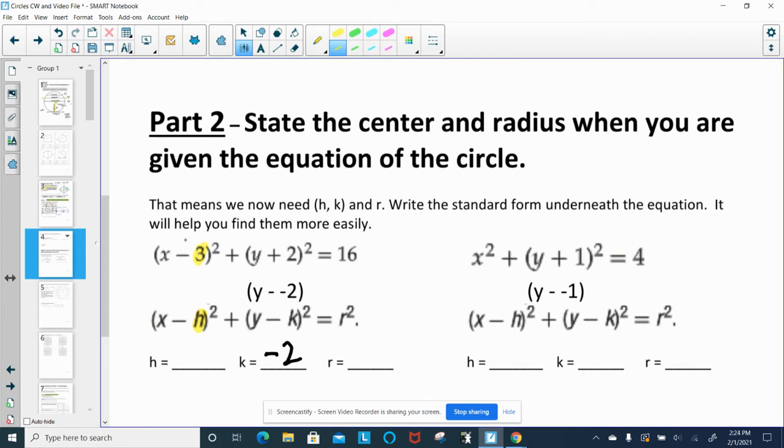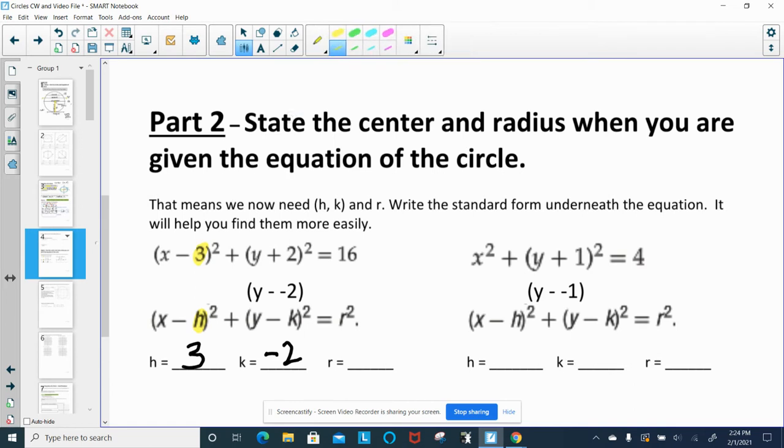Now, this looks again like a negative 3, but really it's a positive 3 that is being subtracted. So again, when we look at x minus 3 and we see a number, we want to take the opposite sign. It's going to be a little awkward for a little while, but that's the easiest way to remember it.